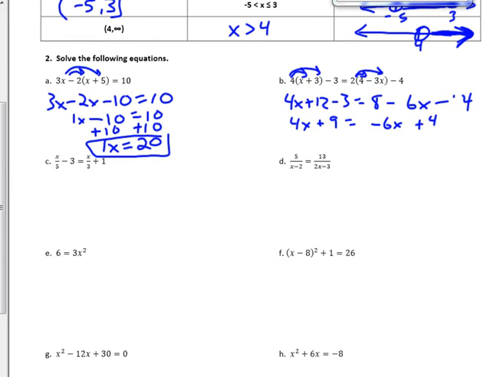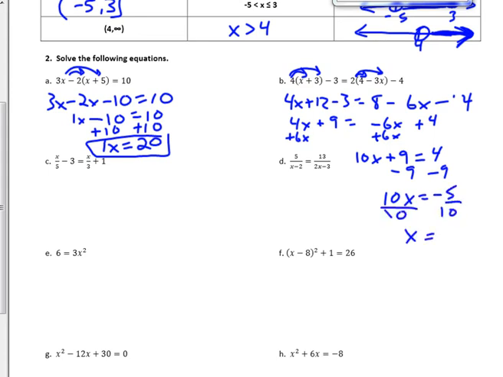Get all the x's on the same side, so I'm going to add 6x to both sides. And so I get 10x plus 9 is equal to 4. Nice friendly equation. Divide by 10. X is -1/2.